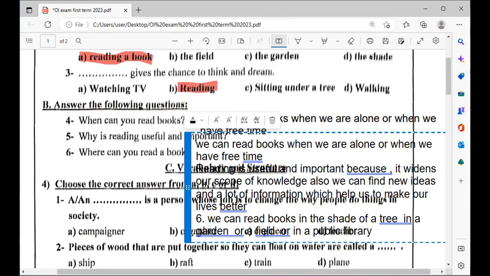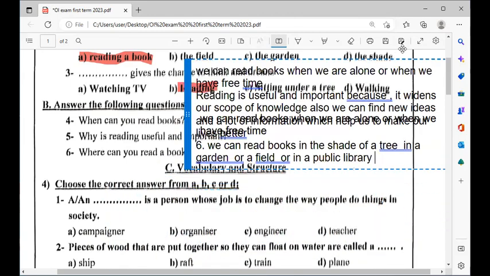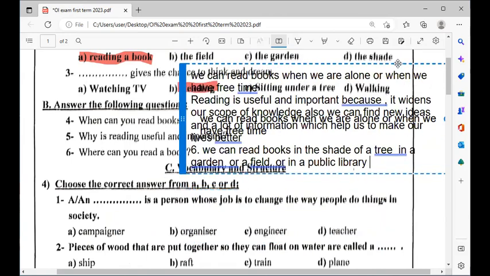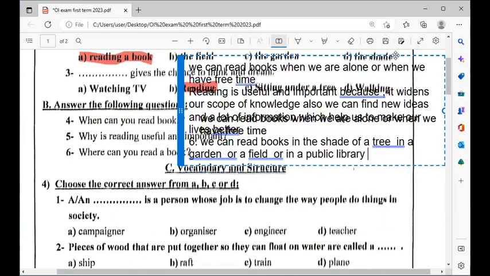So here is the answer again, I will say it again. Where can you read a book? You can read books in the shade of a tree, in a garden or a field, or in a public library.